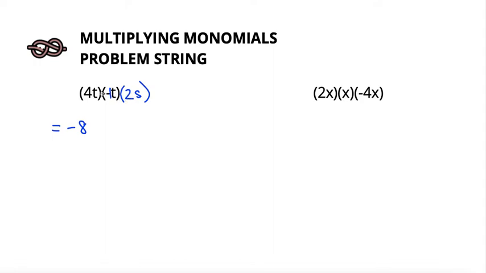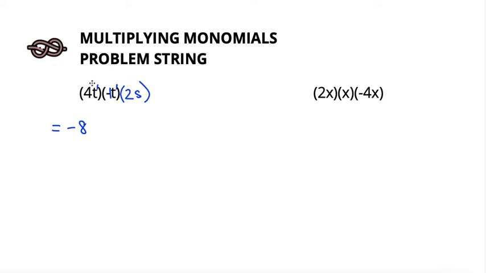And then I look at my exponents. I can only apply my exponent laws to the exponents that have the same base. So I have two t's, so I can make that imaginary exponent 1 right here again to help me out. When I'm looking at my t's, I can't combine my t's with my s's at this point.